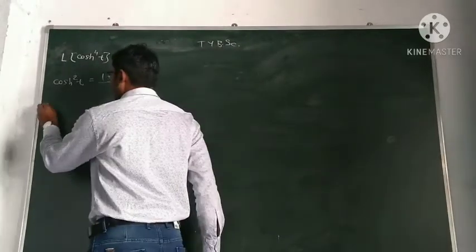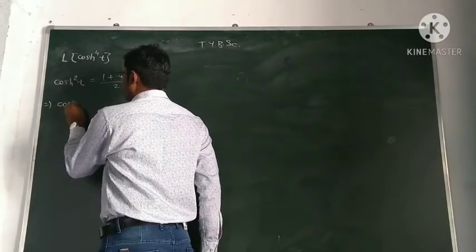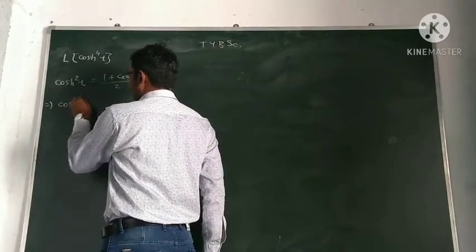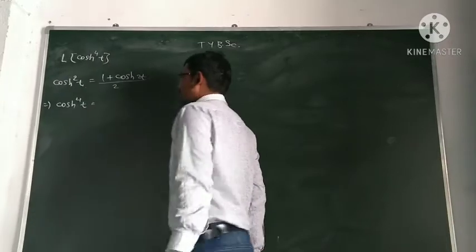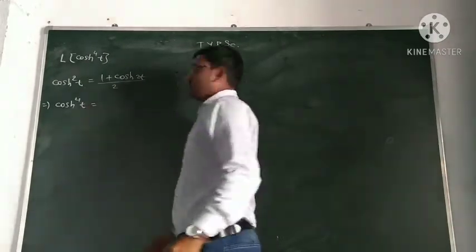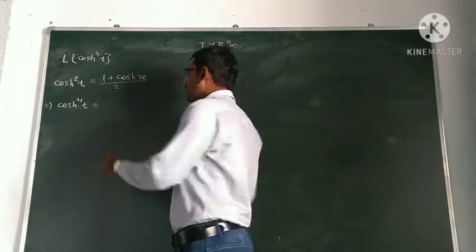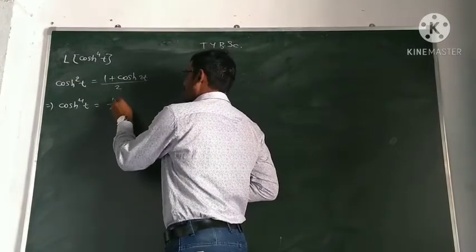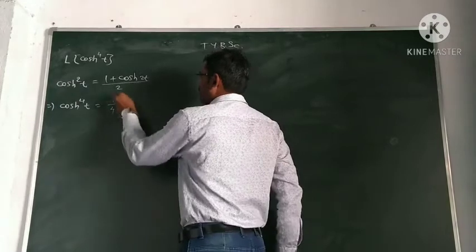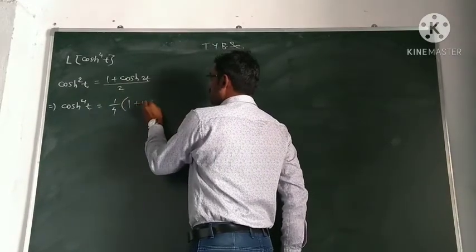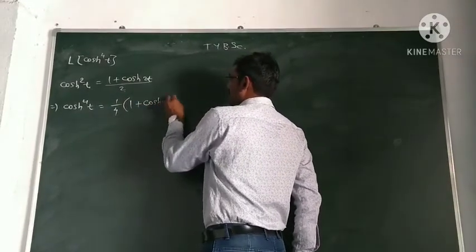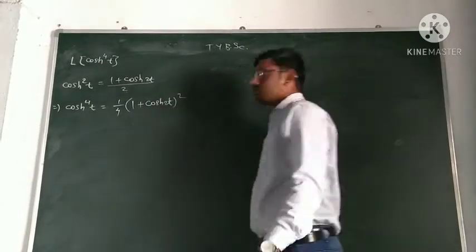So this implies cos h raised to power 4 t is nothing but the square of this term. The square of the denominator is 4, so 1 by 2 square is 1 by 4. So 1 by 4 as it is, and the square of the numerator, 1 plus cos h 2t whole square.